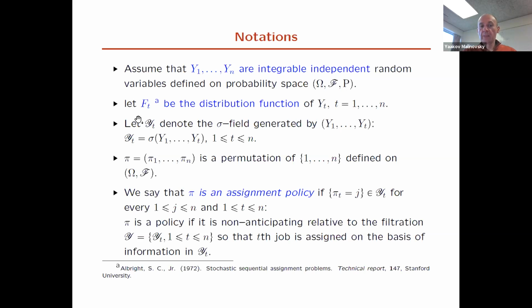Each Y_t has distribution F_t. Available information is the sigma field generated by Y1 to Yt. Now pi is a permutation on integers 1 to n, and you're looking for an assignment policy of workers to jobs. So this is a general formulation of the problem.